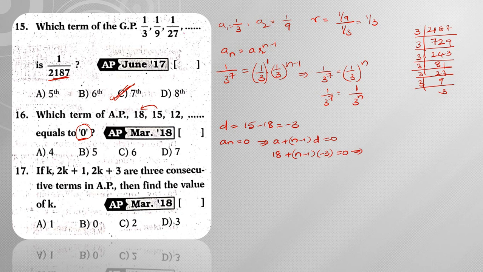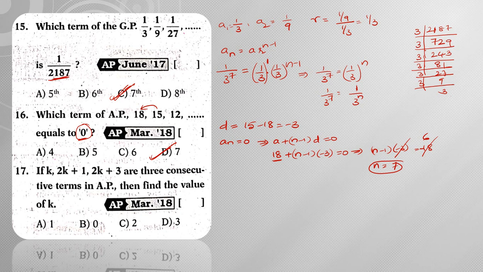When you transpose this plus 18, it becomes minus 18. That means n minus 1 into minus 3 is equal to minus 18. So in minus 3 table, minus 18 goes 6 times. So minus minus will get cancelled. 3 6s are 18. So from this, n is equal to 6 plus 1, which is nothing but 7. Hence the 7th term will be 0.